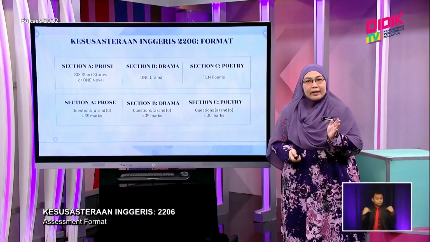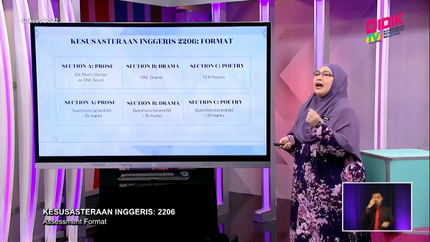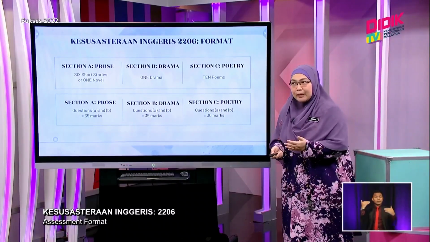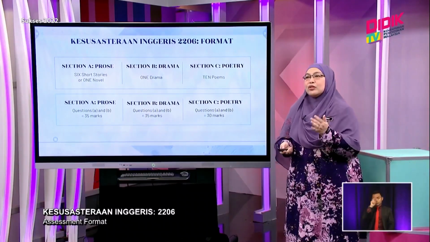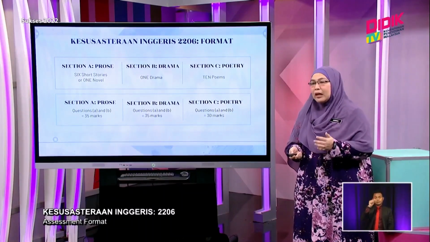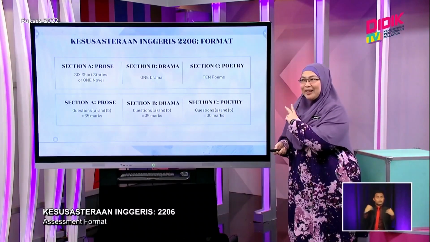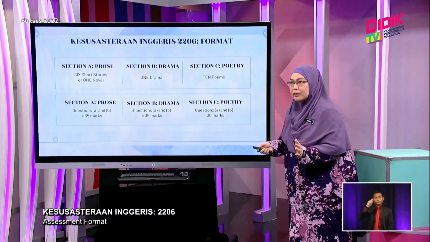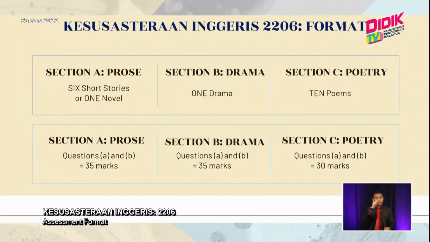As you can see at the bottom of the slide, section A has 2 questions, an A and a B. Likewise with drama, also an A and a B. And then poetry, a pair of questions, A and B. So generally 6 questions. But if you're looking at the division of marks to achieve, it's actually 35, 35 and 30.